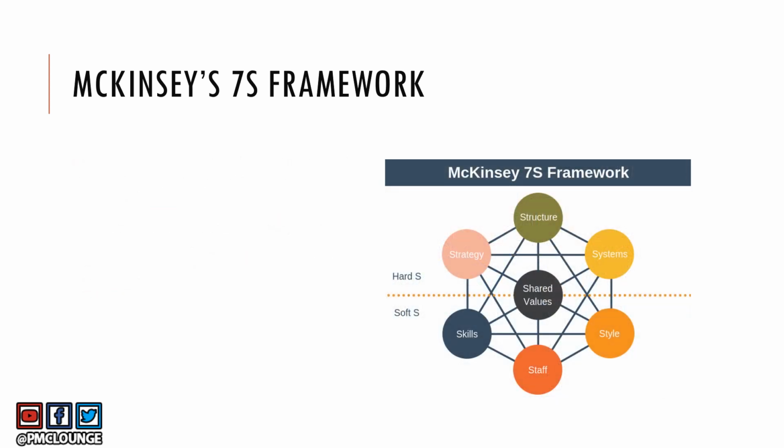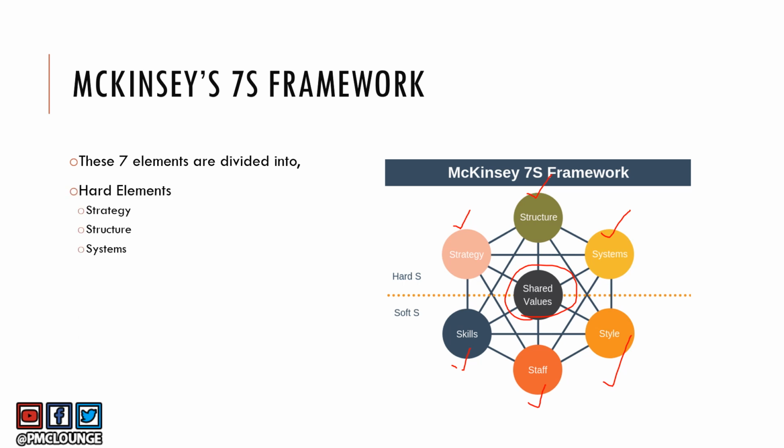So these are the seven elements, as you can see on your screen right now towards your right. Strategy, structure, systems, skills, staff, style, and shared values. So these are the 7S of McKinsey's 7S framework. Now these are also divided into hard elements and soft elements.